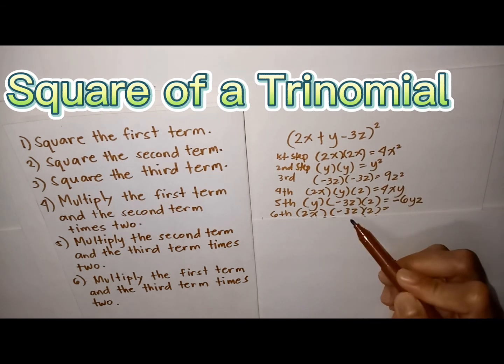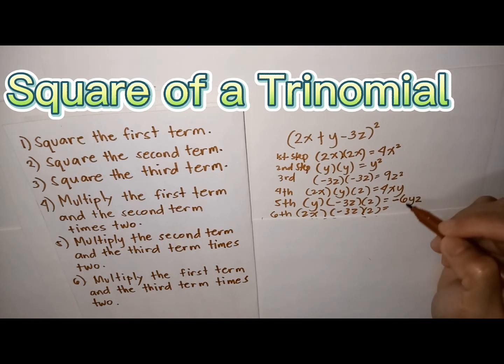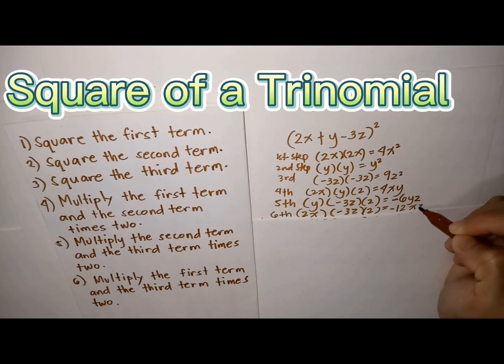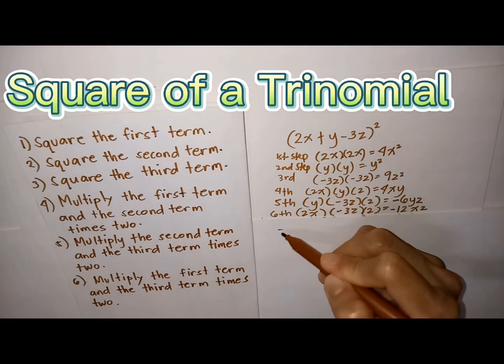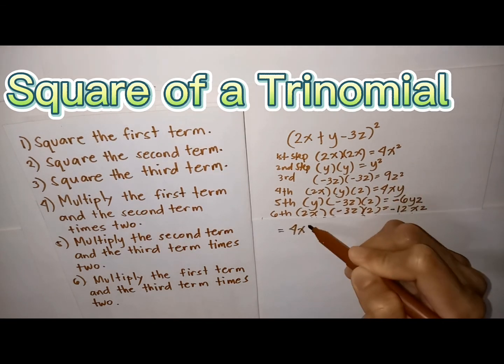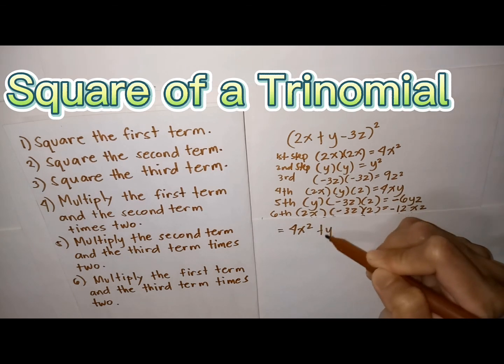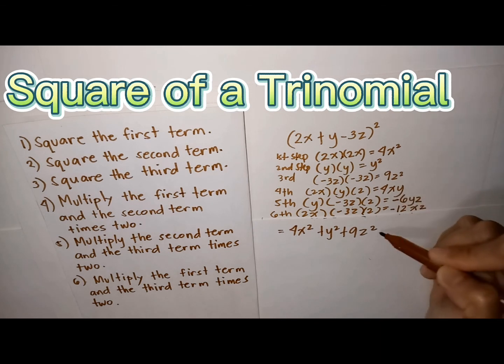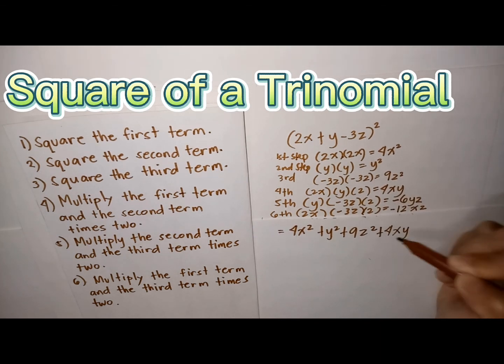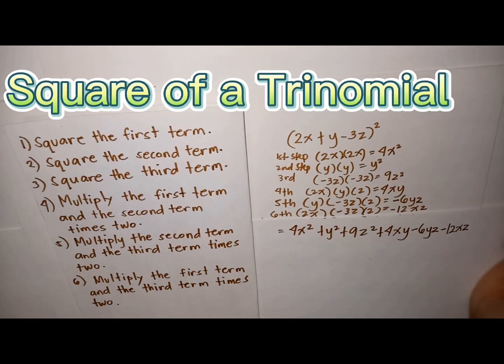And that is 2x times negative 3z is negative 6xz times 2. That is negative 12xz. So we have our answer, that is 4x squared plus y squared plus 9z squared plus 4xy minus 6yz minus 12xz.